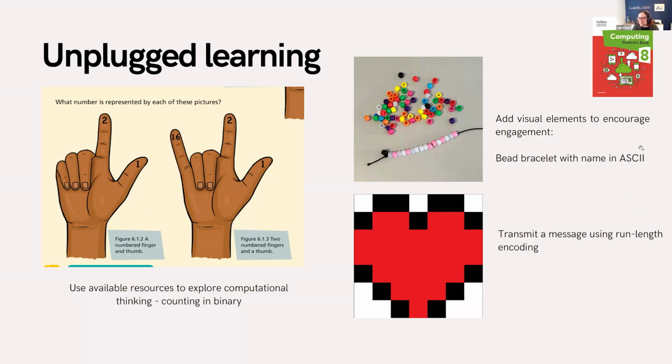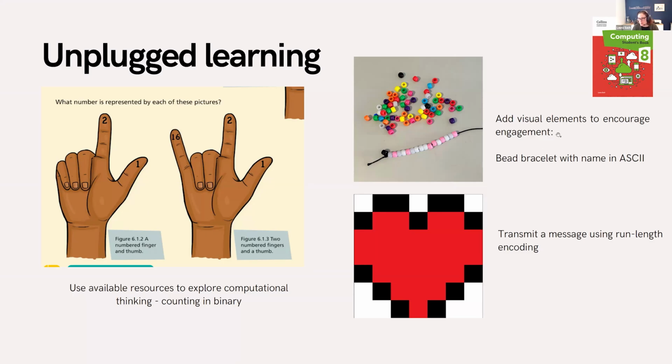That worked pretty well. You can add more visual things to encourage people to get involved in the first place. Sometimes you get students who are quite reluctant and think, oh no, this is not for me, I'm not a computing kind of person. But you can grab their attention to draw them in and then sneakily feed them the vegetables of computing.